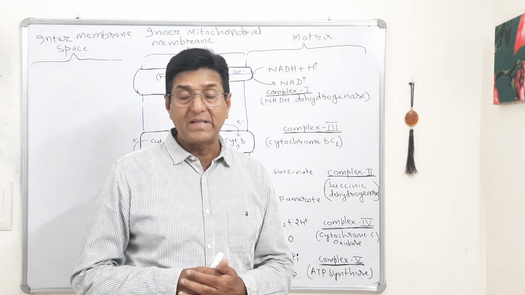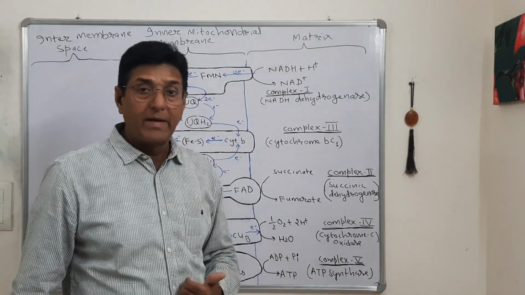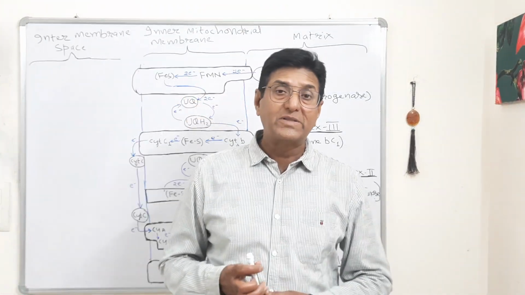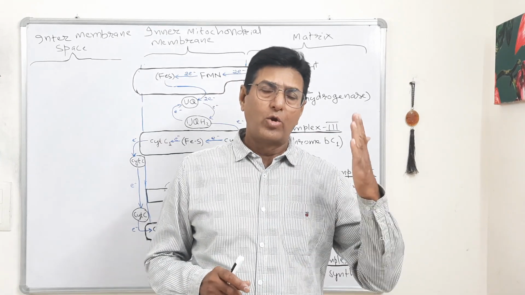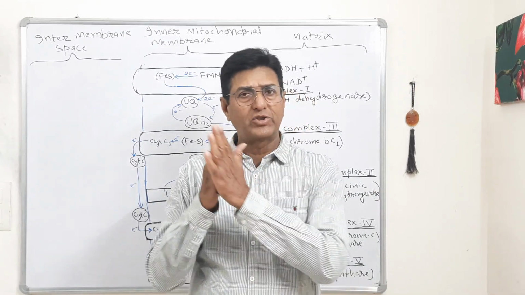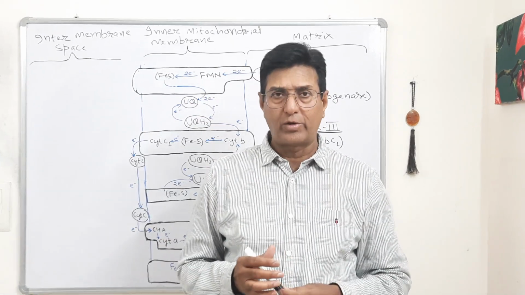It means ATP synthesis. All these complexes are arranged on the basis of their redox potential value, because the electron moves from lower or negative redox potential to higher or positive redox potential value molecules.